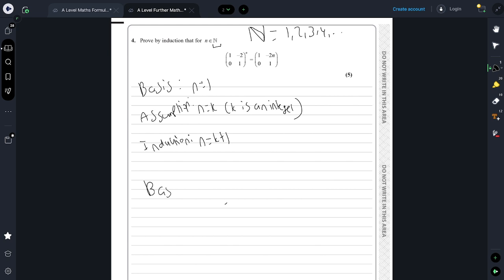So, basis step. And because it is a proof, you do need to be a bit clear of how you write stuff. So let n equal 1, because obviously that's the basis. Then, start with the left-hand side. 1 minus 2 to the power of 1.